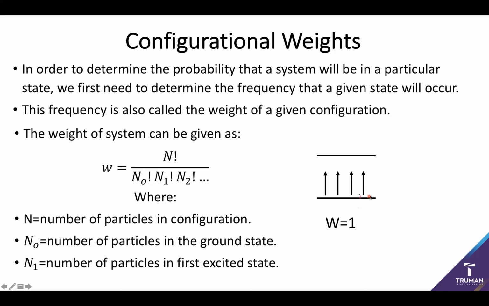So if all four particles are going to be in the ground state, this means that there's only going to be one possible arrangement that gives me this result, because there's essentially no statistical variance. So while this may be a very favorable structure in terms of energy, it might be very unfavorable in terms of statistical variance, because things like to essentially spread out.